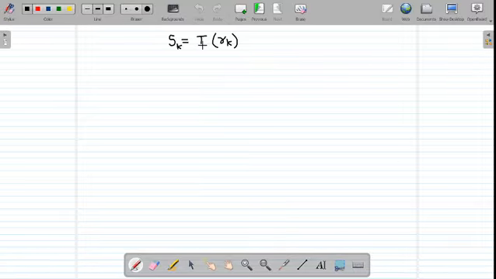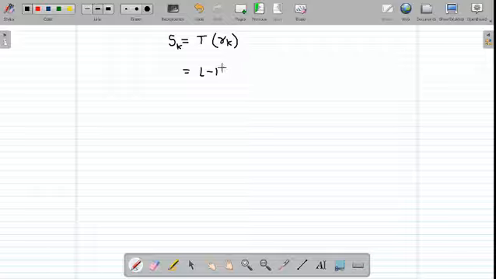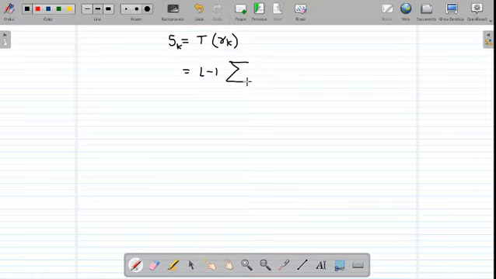So the transformation is nothing but applying some formula so that it transforms the intensity of rk. The formula is given by (L minus 1) into the summation of j equals 0 to k of PR of Rj.